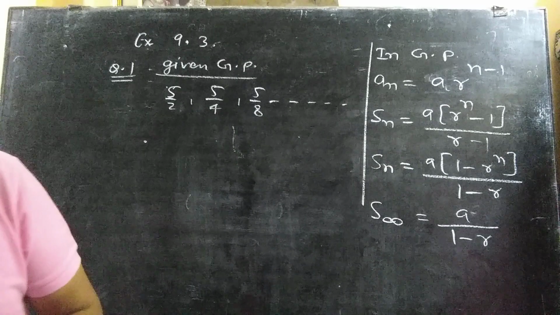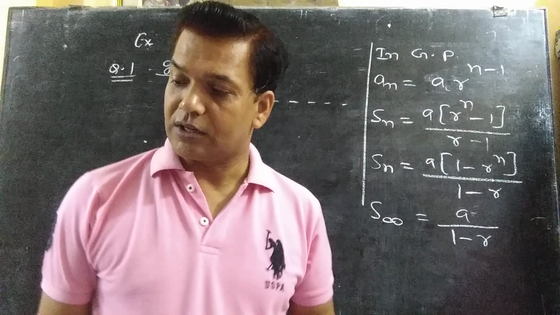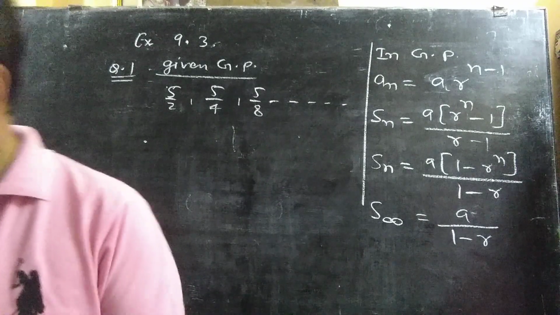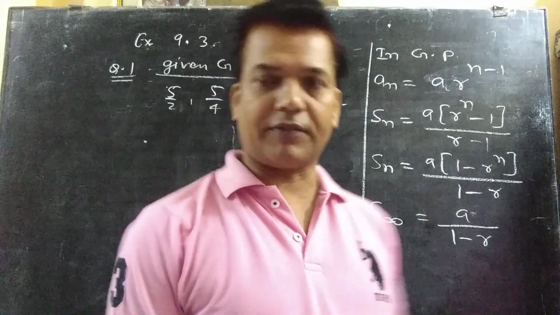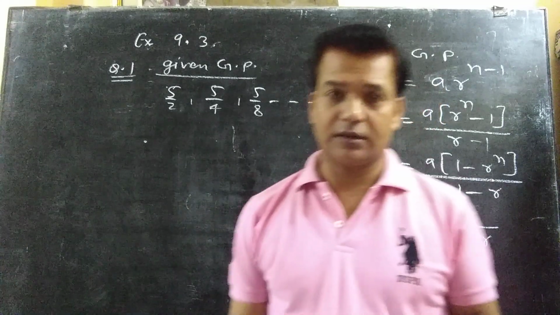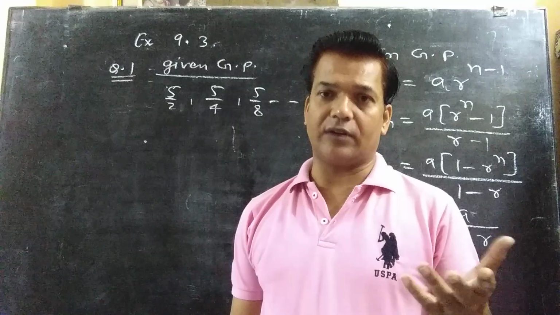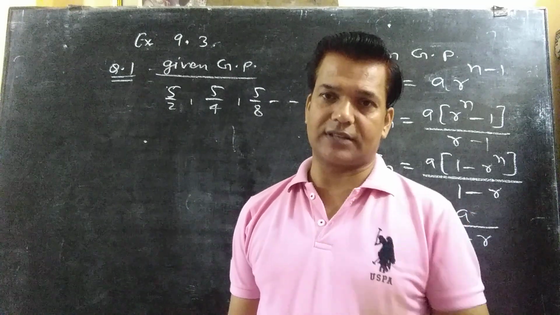What we have to do in this case? Find the 20th term and nth term of this GP. First we have to find out the 20th term and then find out the nth term of this GP.